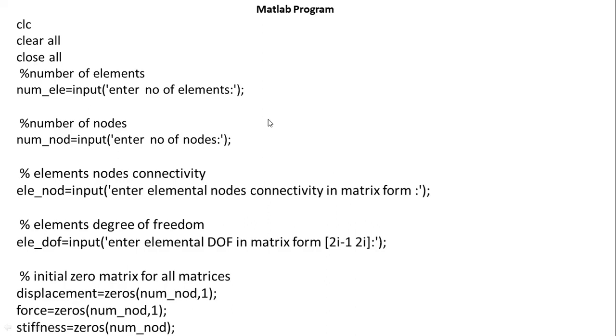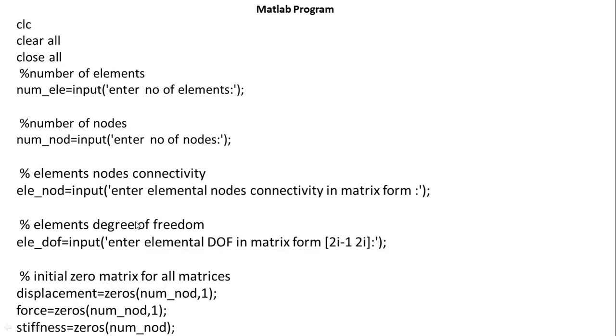For that we need to define the node connectivity. So here we define element node: enter element node connectivity in matrix form. Node connectivity for element 1 is 1 to 2, and for the second element it is 2 to 3. So in matrix form for the existing problem we write 1 space 2 semicolon 2 space 3. So this is node connectivity.